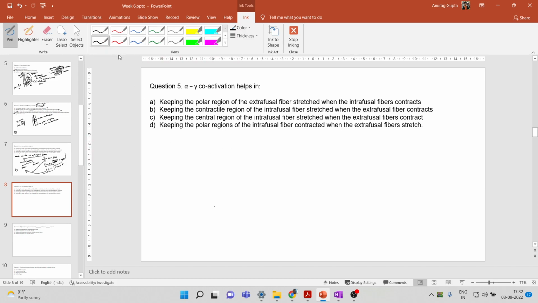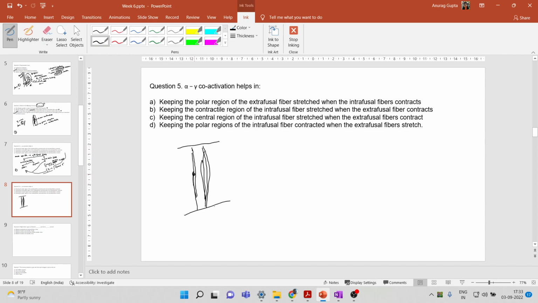What happens is we have the intrafusal fibers here, and we have the extrafusal fibers. When the extrafusal fibers contract, since the ends of the intrafusal fiber are connected to the extrafusal fiber or to the tendon, when the extrafusal fiber lengthens, the intrafusal fiber also lengthens.